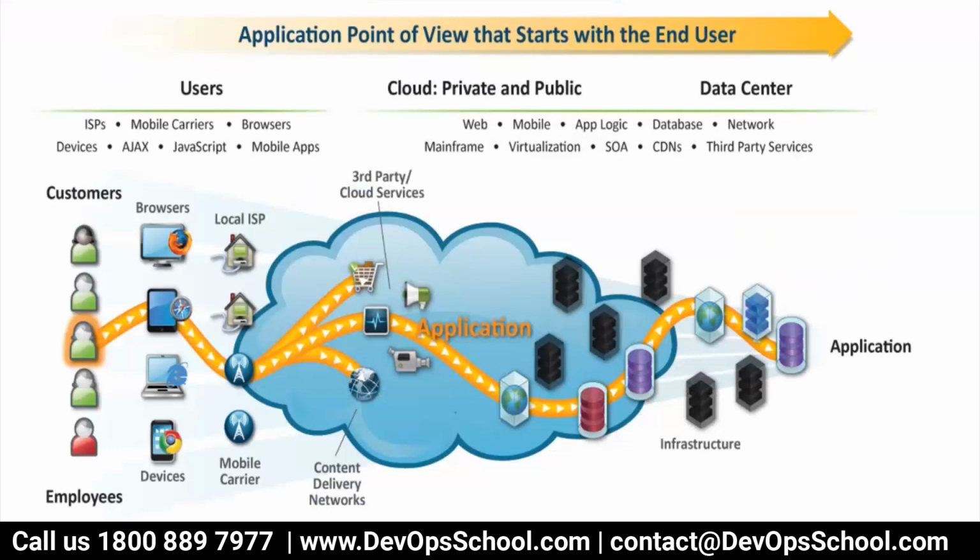Tens of browsers, tens of different types of devices, different types of ISPs and geographies, different CDNs, different databases, different microservices, different platforms, different third party libraries, and your request is flowing through all this. So how do we trace that?